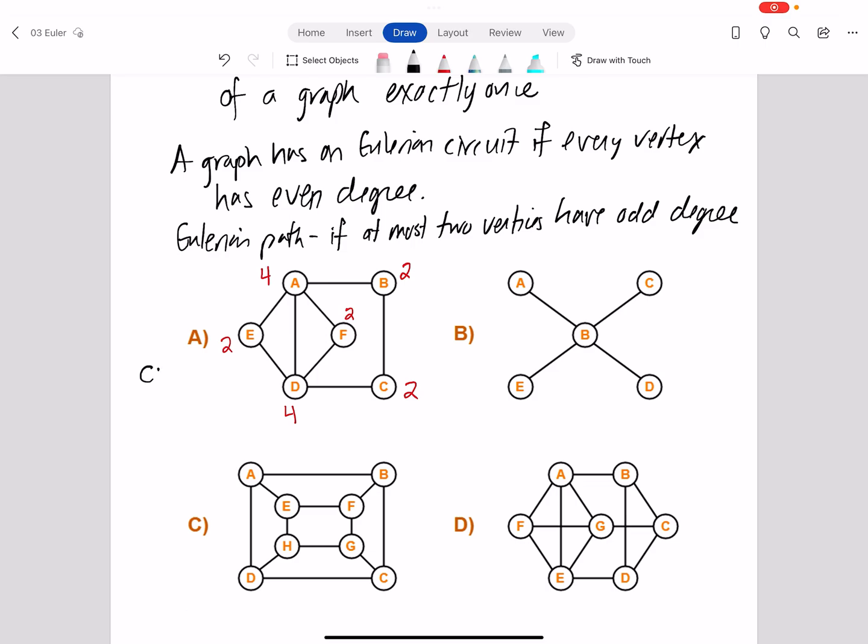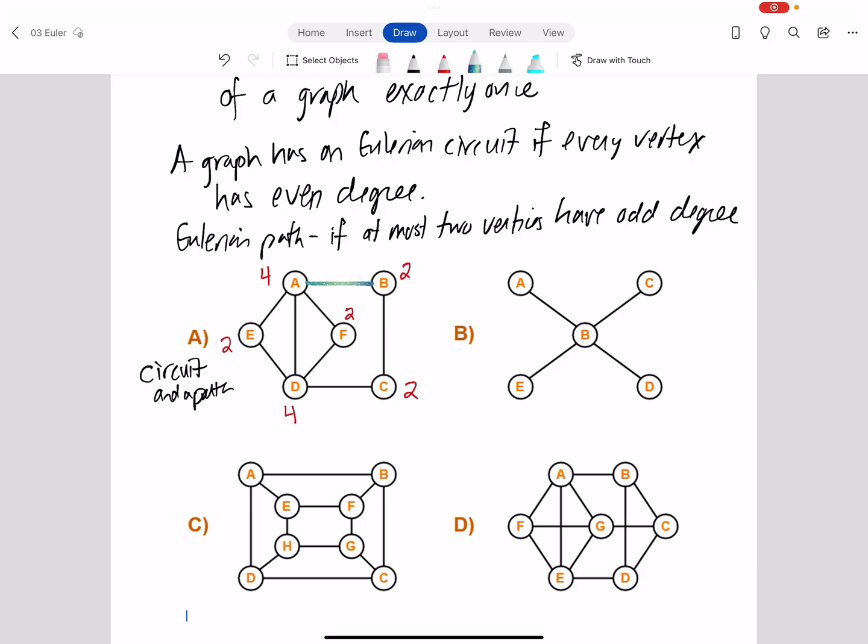If it has a circuit, it has a path, because a circuit is a special kind of path. A circuit is a path that starts and ends at the same place. And so what we can do is just start somewhere and try to trace all the edges exactly once. We don't want to repeat any edges. And so this is just kind of guess and check. I'm just going to start here.